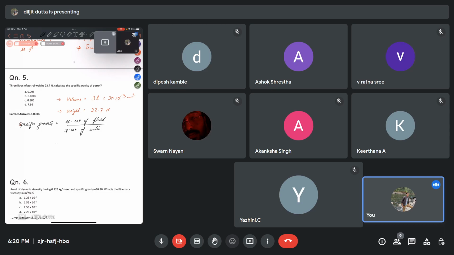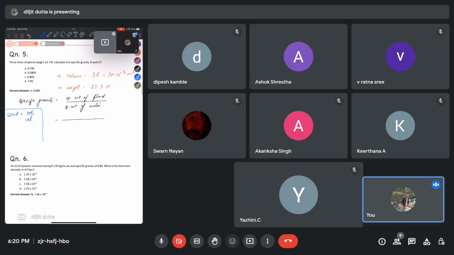And what is the formula for specific weight? Specific weight is given as weight by volume. So what is weight by volume? Weight is equal to m into g, divided by volume.